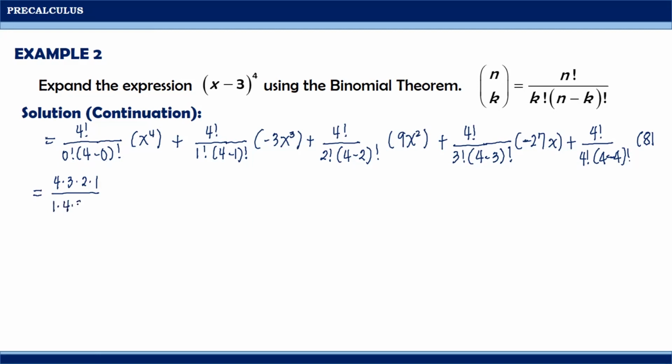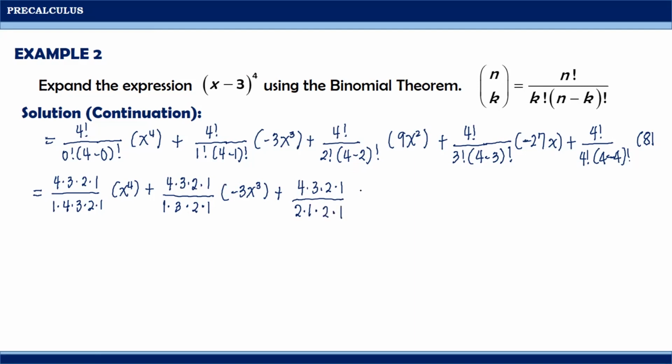So that would be 4 times 3 times 2 times 1 times x raised to 4 plus 4 factorial here, again, is equal to 4 times 3 times 2 times 1 all over 1 times 4 minus 1 quantity factorial is equal to 3 factorial, which will be equal to 3 times 2 times 1 times negative 3x cubed plus 4 factorial here, again, is equal to 4 times 3 times 2 times 1 all over 2 factorial is equal to 2 times 1 times 4 minus 2 is equal to 2 factorial here.